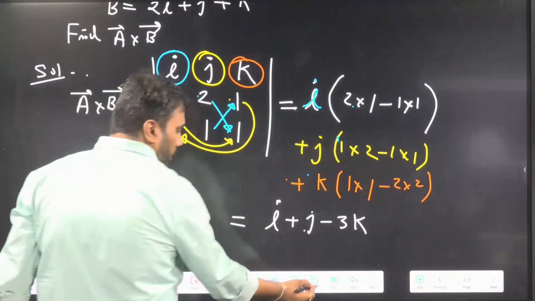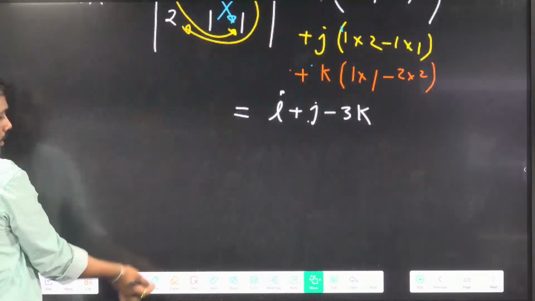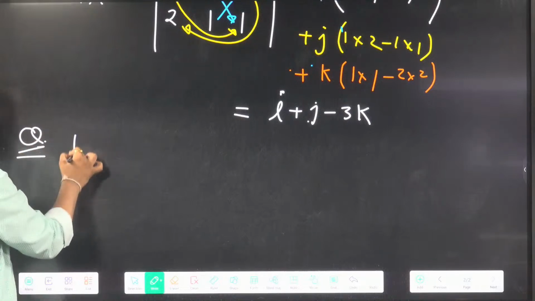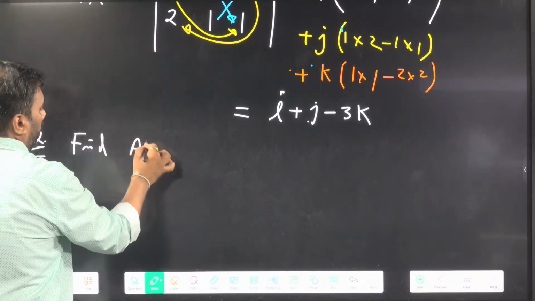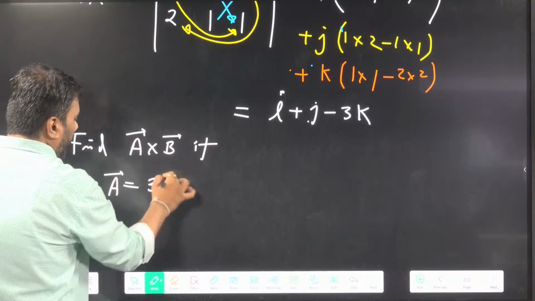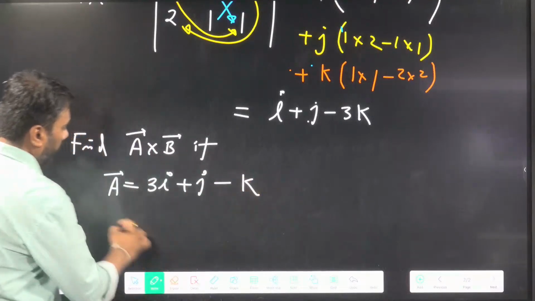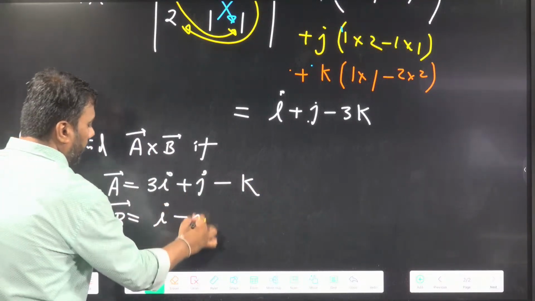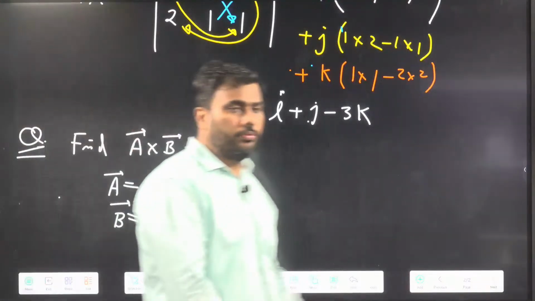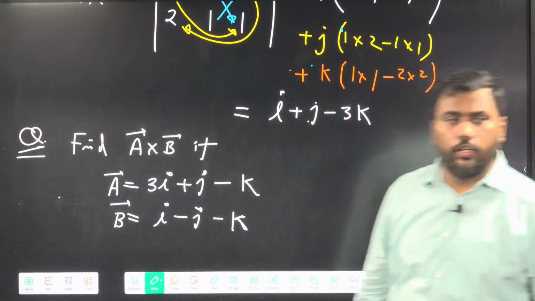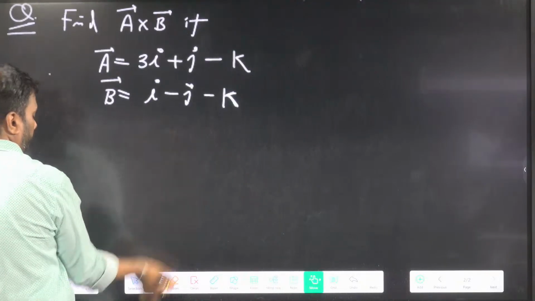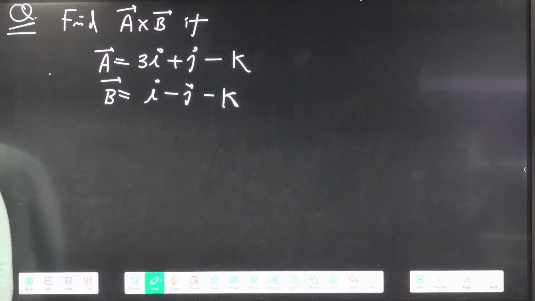Let us do one more question. You will try this question on your own, then I will give you the answer. Find A cross B if A vector equals 3i plus j minus k, and B vector equals i minus j minus k. The data is changed.